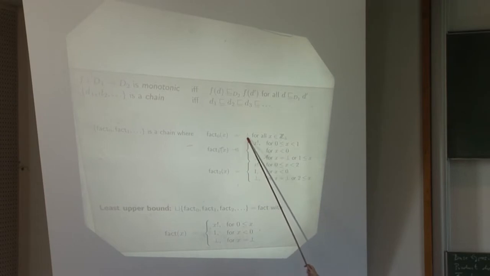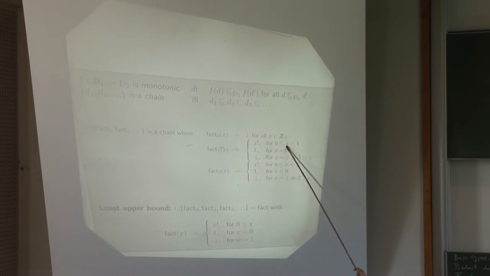Fact 0 is completely undefined. Fact 1 is defined for x which are smaller than 0 and for 0. So for all x until 0 it is defined, afterwards it's undefined. Fact 2 is defined until 1 and afterwards it's undefined, and so on. And on those arguments where they are both defined, fact 1 and fact 2 coincide, and so on.